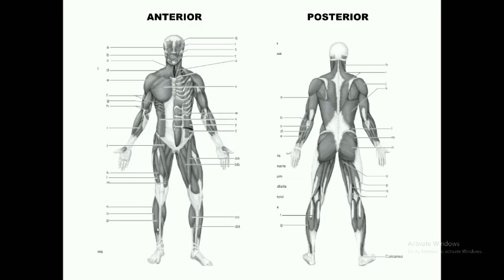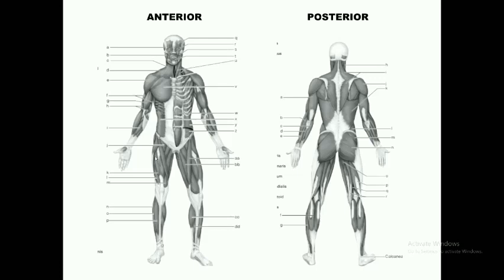So this is the tibialis anterior. Number 18, P. So answer is P. Next, adductors. So that is located here in our inner thigh. So answer is BB.